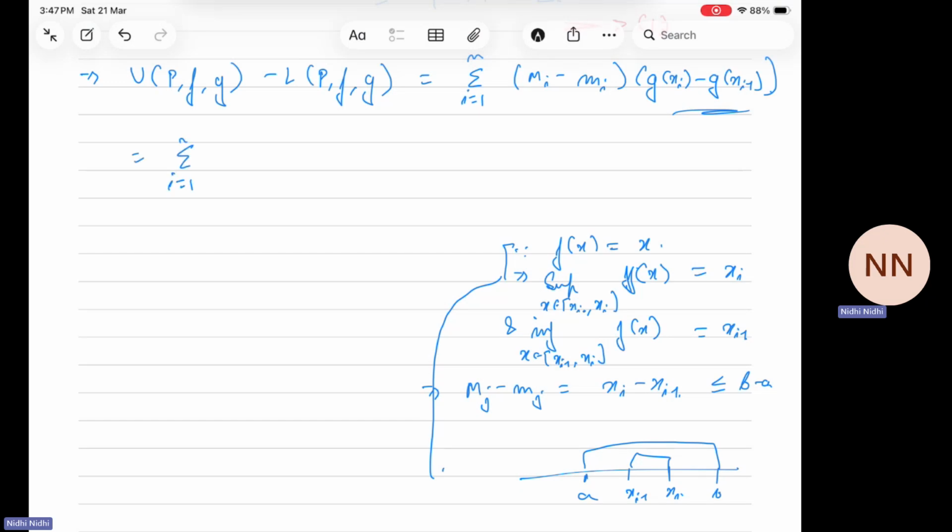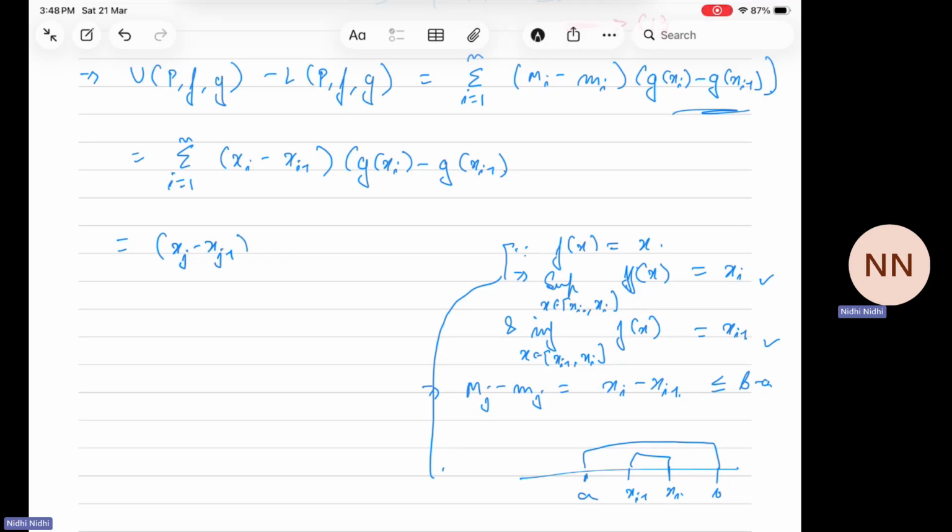So this will be the summation i from 1 to n of xi minus 1, because the infimum is xi minus 1 and the supremum is xi, times gxi minus gxi minus 1. So this will be equal to just xj minus 1 times 1 plus xn minus 1 times 1.